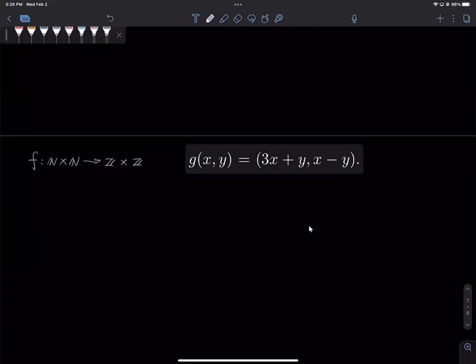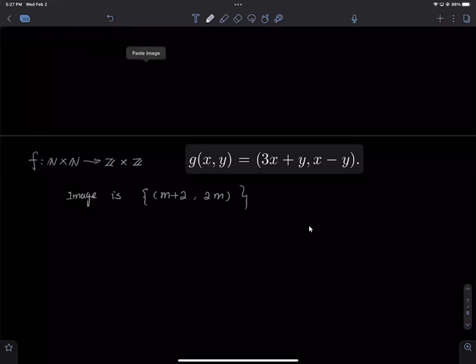So let's say the image is, again, this is not the image of this function, okay? I'm just writing something random. So let's say it's, I don't know, m plus 2 and 2m. Again, I just made it up.